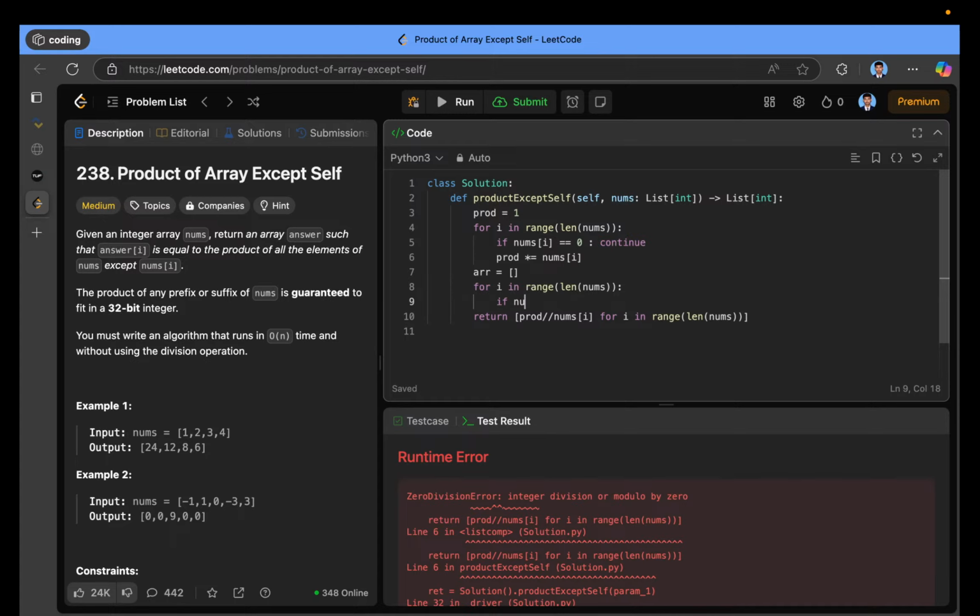If nums i double equals to 0, then arr dot append, append, oh yeah, product this, and else arr dot append 0.